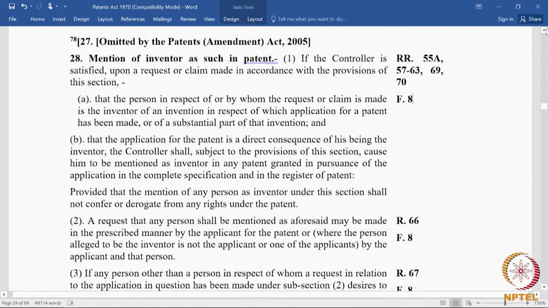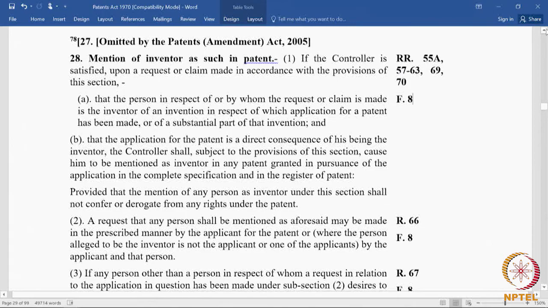Provided that the mention of any person as inventor under the section shall not confer or derogate from any rights under the patent. This is what I just mentioned, that it will not confer or derogate from any rights under the patent. When we say any rights under the patent, we are talking about the rights as an owner. The owner's right does not get affected by mentioning a person as an inventor.